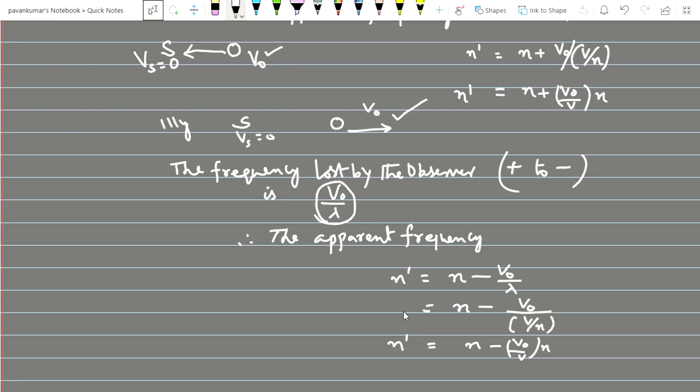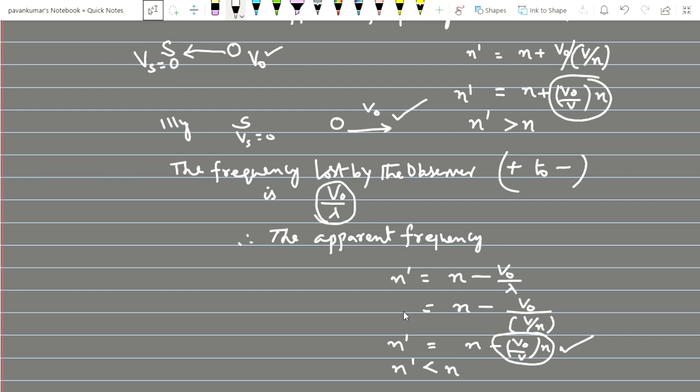In the first case, we can clearly say that n dash is greater than n by a factor v0 by v into n. In the second case, n dash is less than n by a factor v0 by v into n.